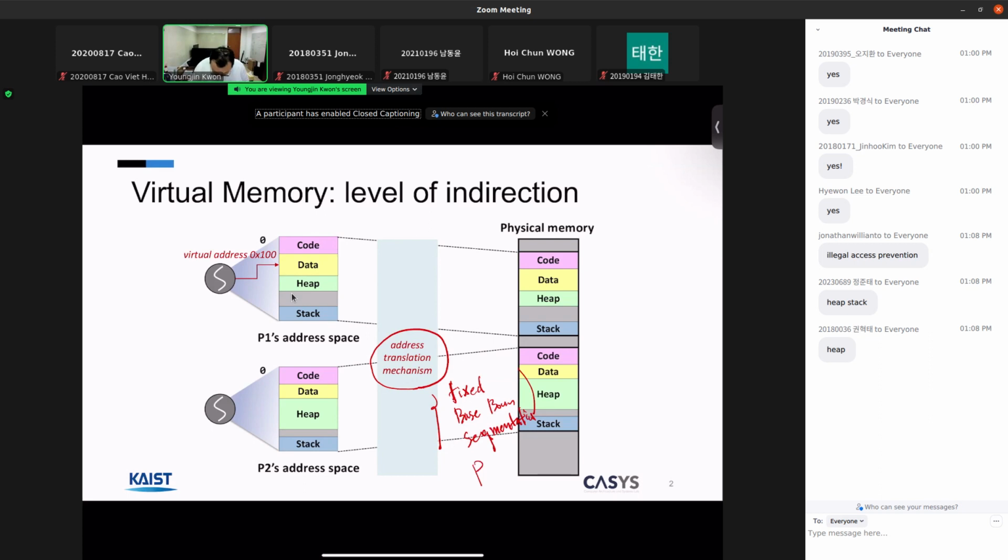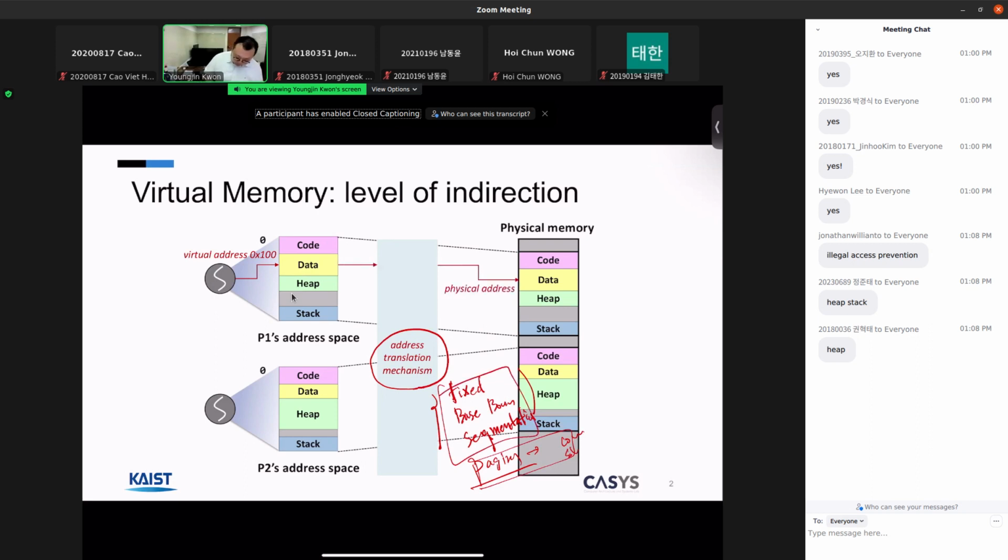And next time, when is next time? Next Wednesday, we'll be talking about paging, copy-on-write and sharing, etc. We will learn the paging mechanism, but this is today's focus.